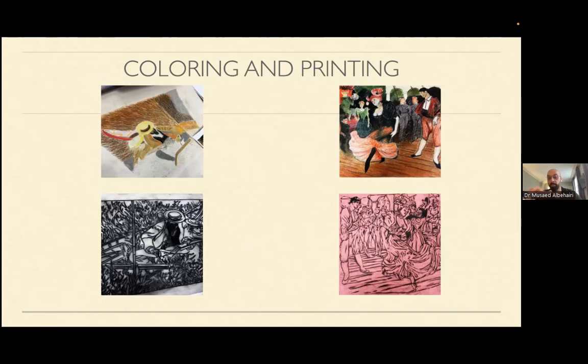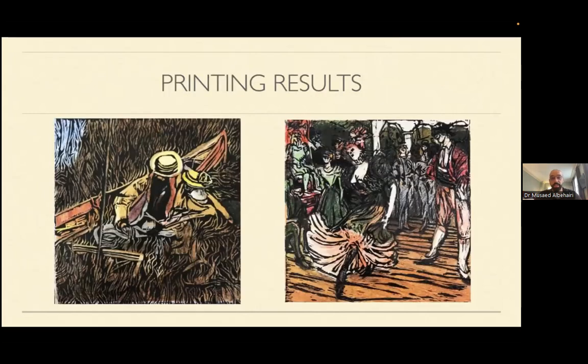Unlike that, the process on the right, the linoleum print, is engraving. They engrave the surface, which is linoleum. The linoleum is very soft, like rubber, and they remove what they don't need to expose the lines. You can see the result: the right is the linoleum one, and the left is the monotype.